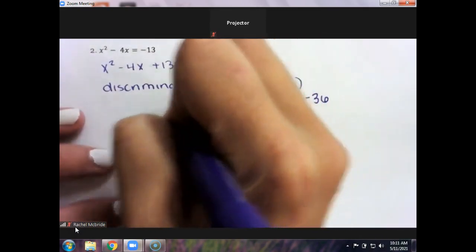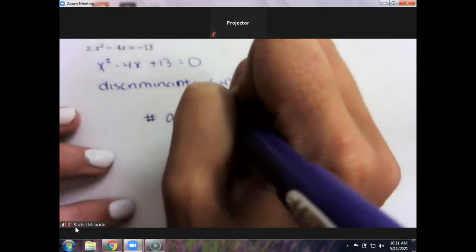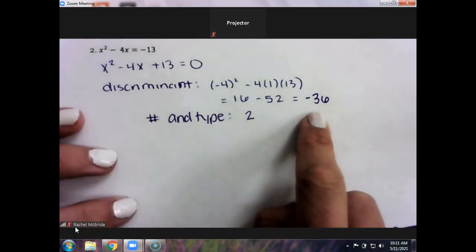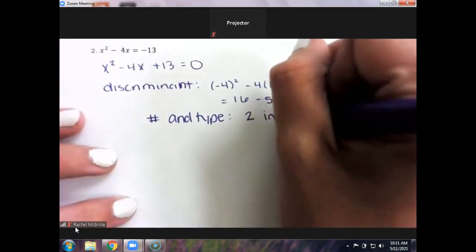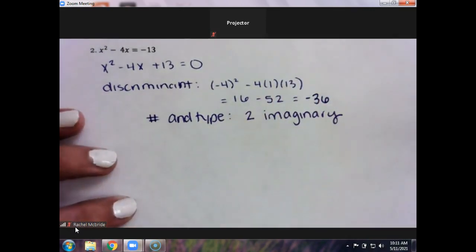So now my number and type is still 2, but because this is negative, they're no longer real. They're imaginary.